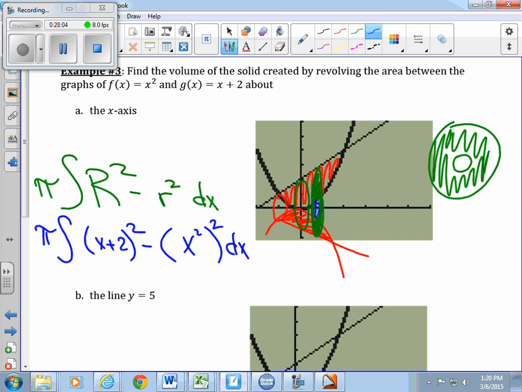Where am I integrating from and to? -1. And what if you're unsure?